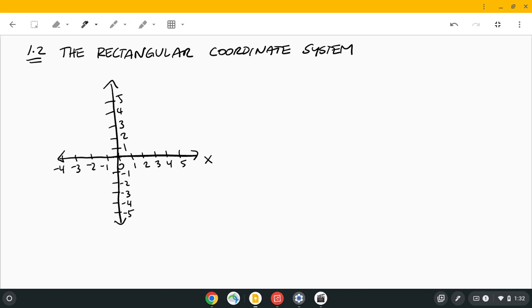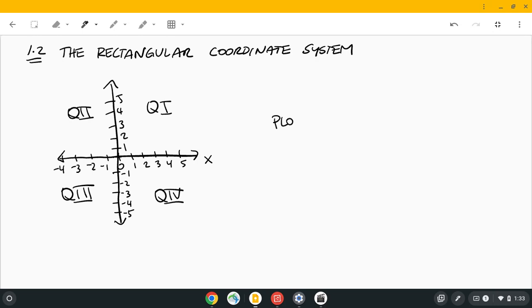Okay, so it's important that you understand where all the negatives and positives are. These two axes break up the space into 4 quadrants. This one here is quadrant 1, quadrant 2, quadrant 3, and quadrant 4.